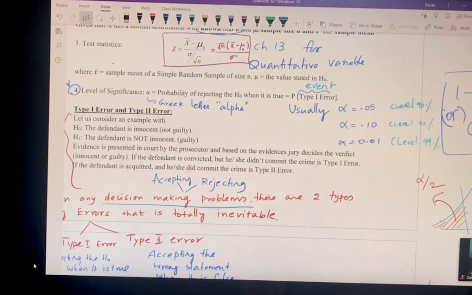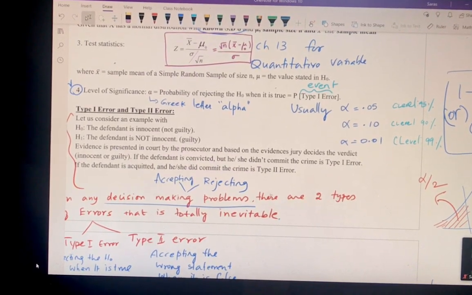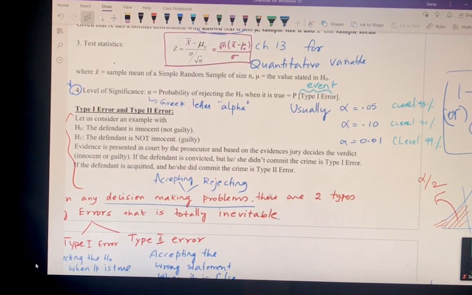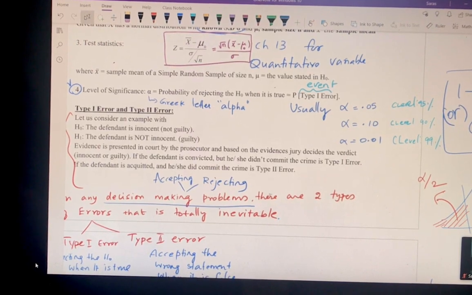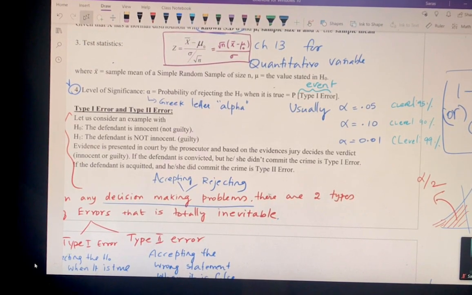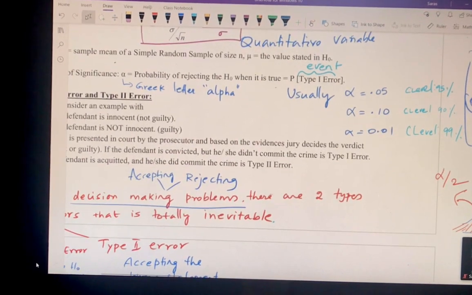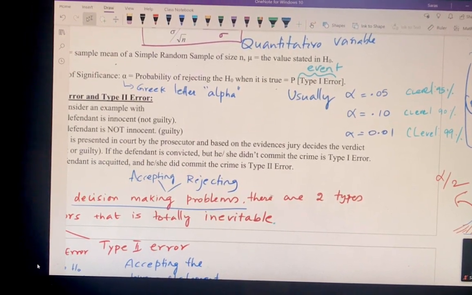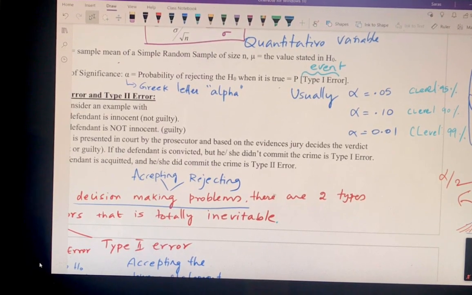So that's why I'm spending 2 days, today and tomorrow, on this material. Now, what is the probability of a type 1 error? The type 1 error we will be discussing later, but here I'm just introducing the definition of alpha, the level of significance. So alpha is defined as the probability of a type 1 error, and the event is there, and for that event you are going to attach a number. That's what we call the probability.